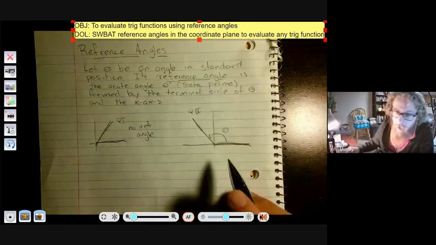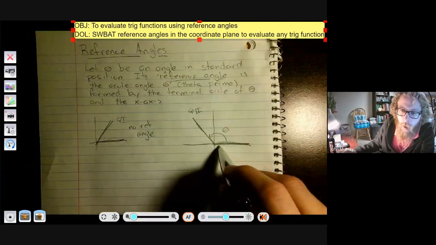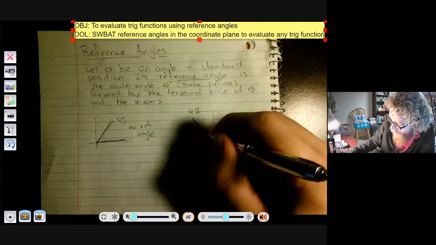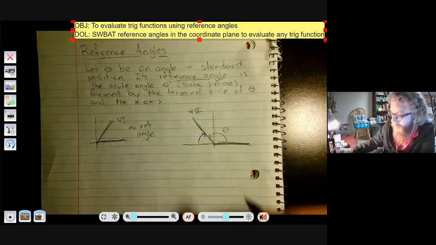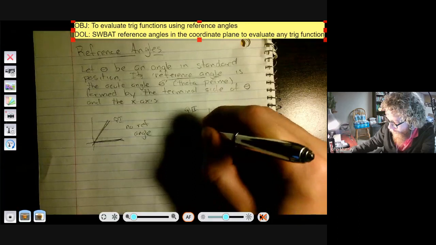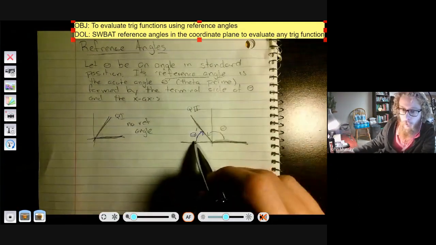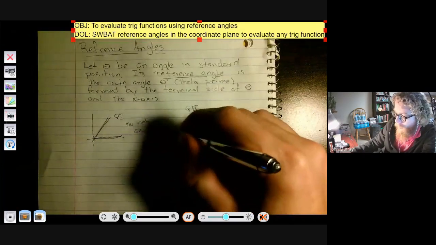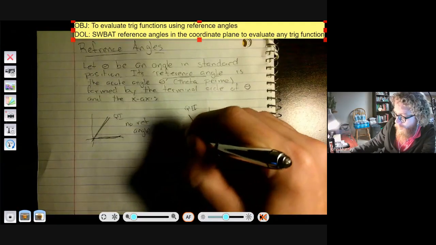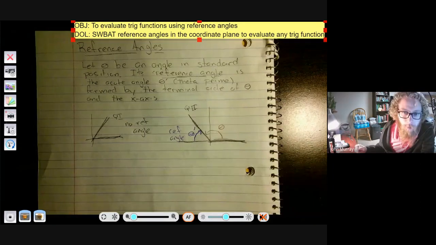The reference angle is the angle that's made between the x-axis and the terminal side. So this over here is going to be my theta prime. Okay, this part over here is my reference angle.